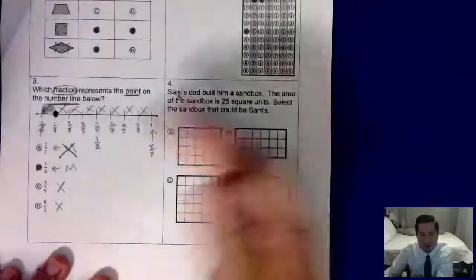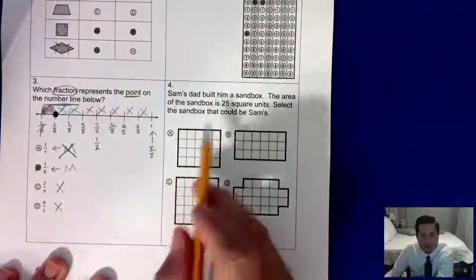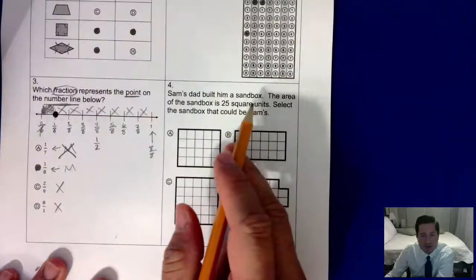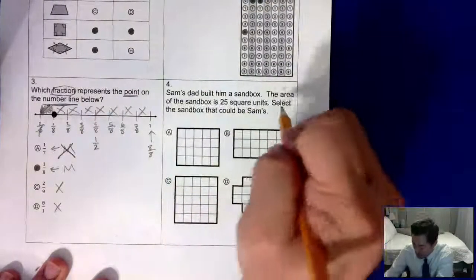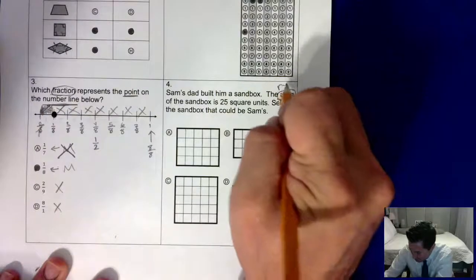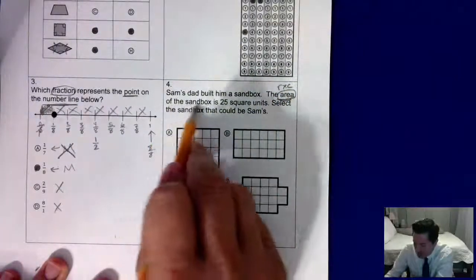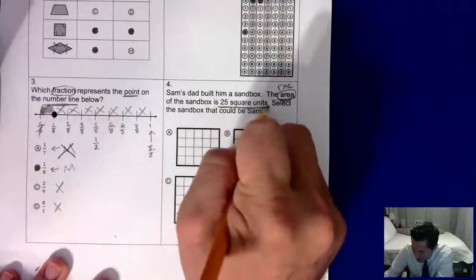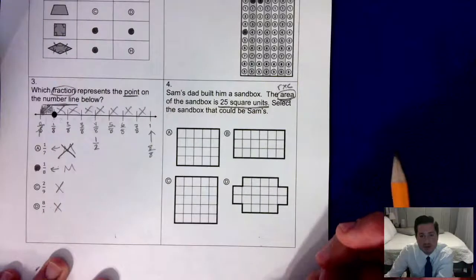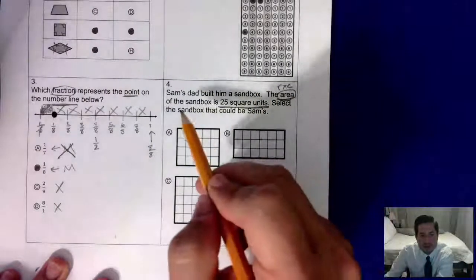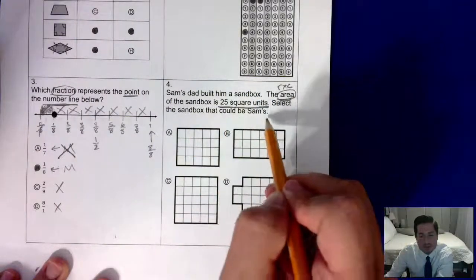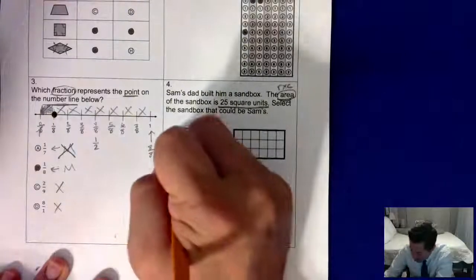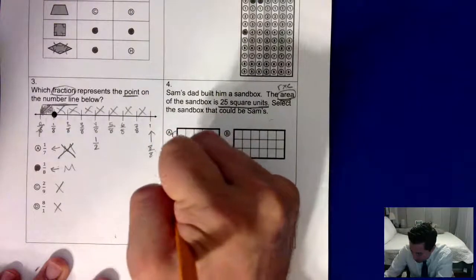Okay, last one. Sam's dad built him a sandbox. The area of the sandbox, area is rows times columns, of the sandbox is 25 square units. They already give us the area. Select the sandbox that could be Sam's. Well, I'm going to count the rows. 1, 2, 3, 4.